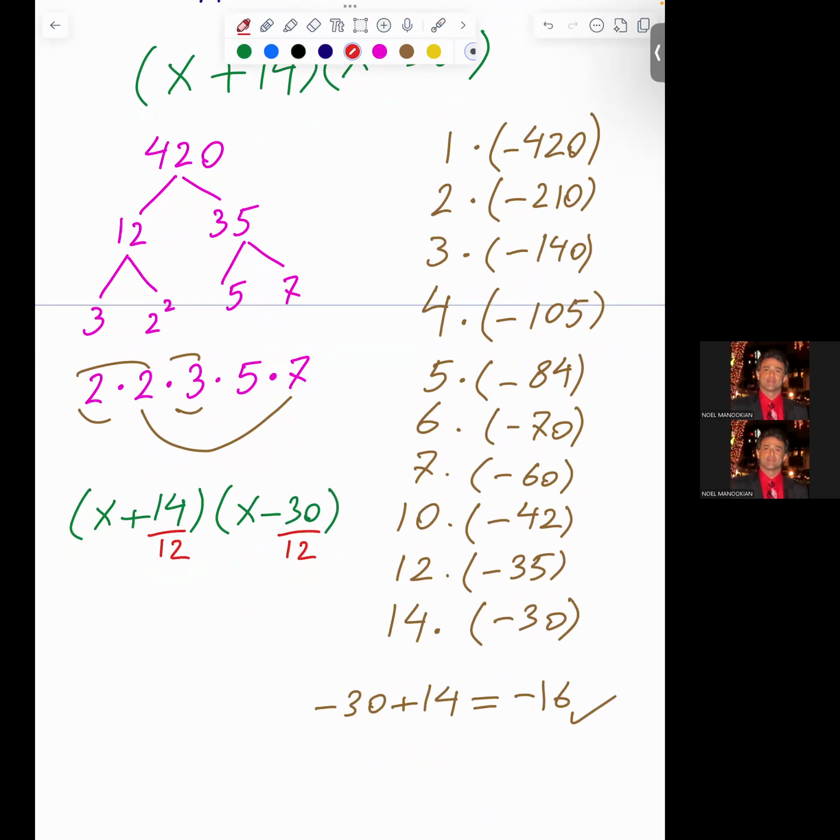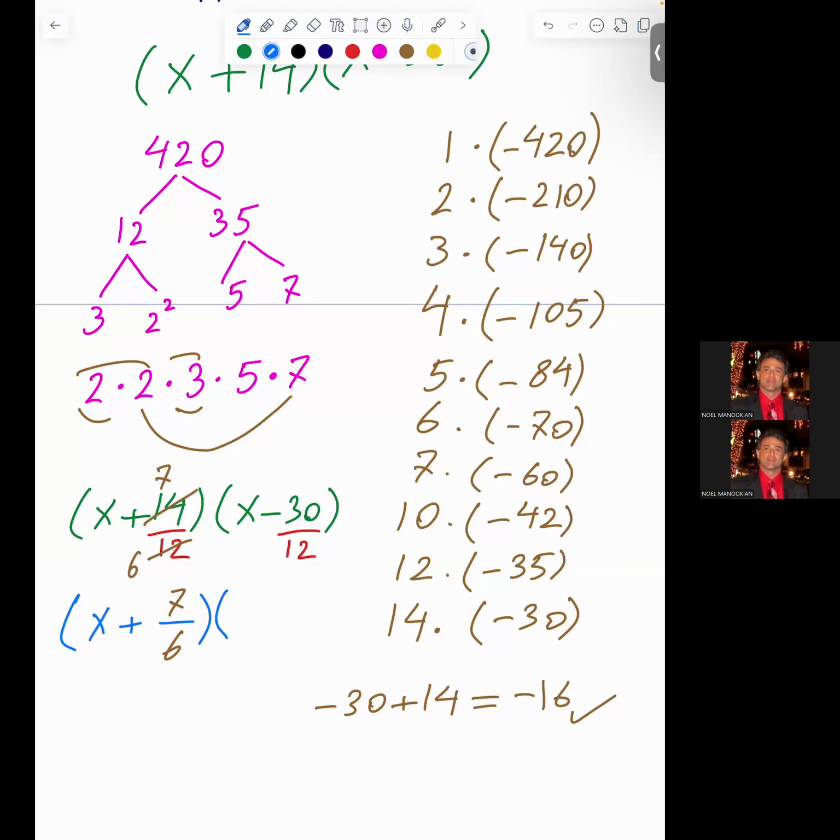So the first factor will be x plus 14 and 12. You can divide by 2. So divide by 2, 7. Divide by 2, 6. So you're going to get 7 over 6.